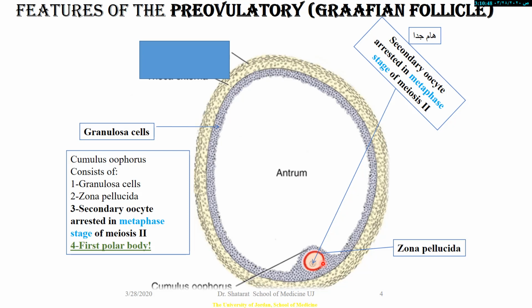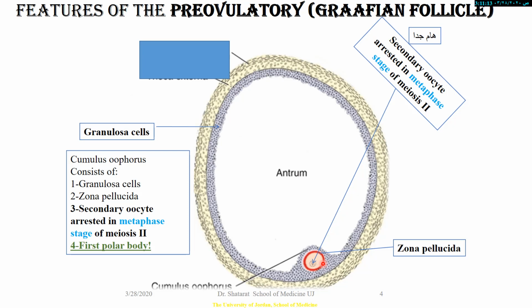So as you can see, we didn't reach the final stage of the oogenesis. What we have here is a secondary oocyte that has initiated meiosis 2, and it is again arrested in meiosis 2 in metaphase. So we didn't finish meiosis.